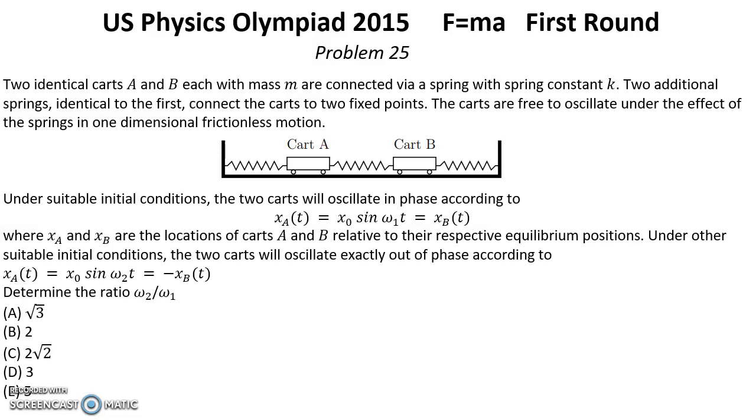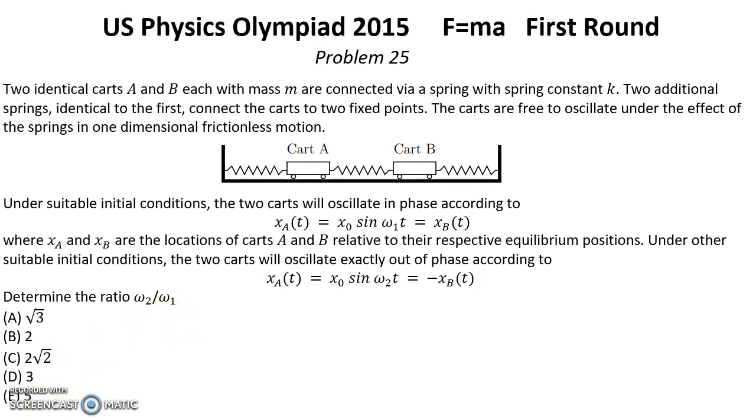Under suitable initial conditions, the two cards will oscillate in phase according to this equation, where xA and xB are the locations of cards A and B relative to their respective equilibrium positions. Under other suitable initial conditions, the two cards will oscillate exactly out of phase according to this equation. Determine the ratio omega-2 over omega-1.